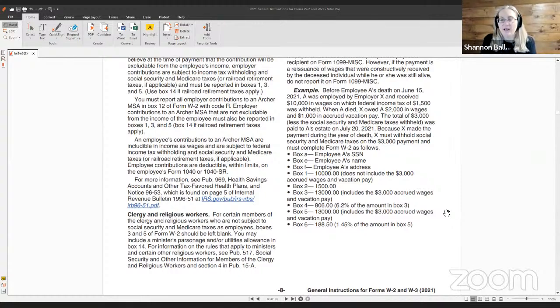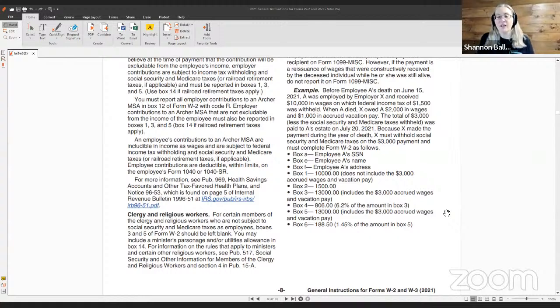Box 3 is the $10,000 of wages plus the accrued wages and vacation pay that was paid after death. So that'll be $13,000. Box 4 is $806 because it is 6.2% of the wages in box 3 of $13,000.